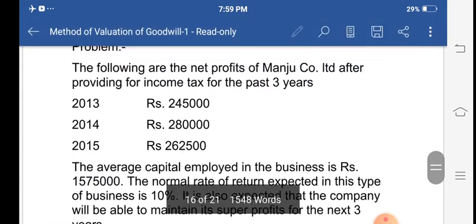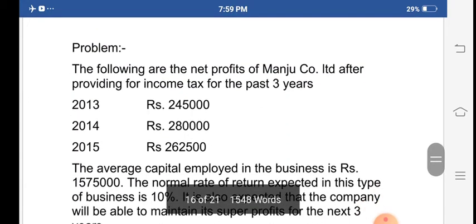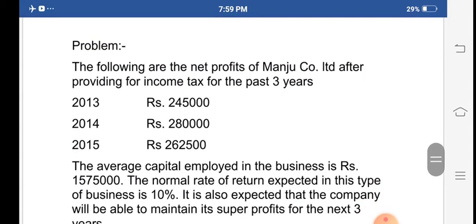With this information we have to ascertain the value of goodwill under both methods.